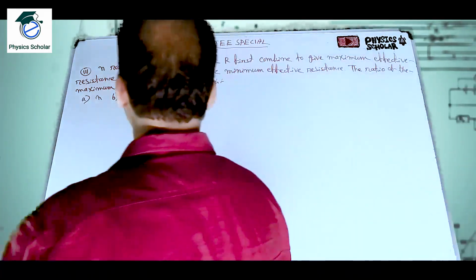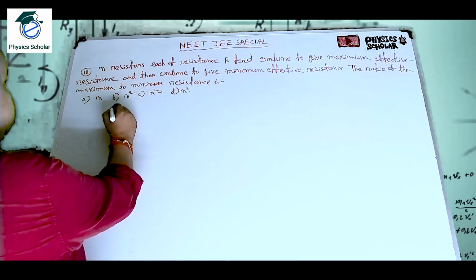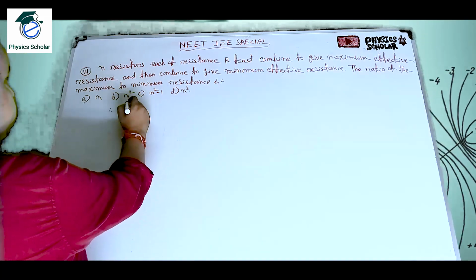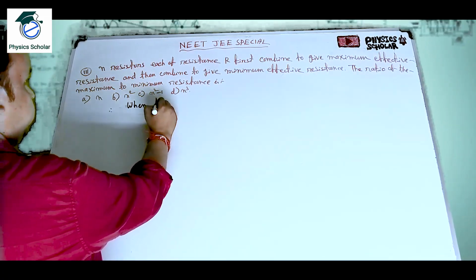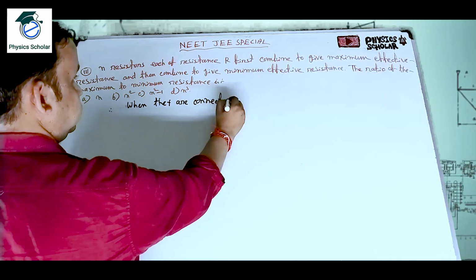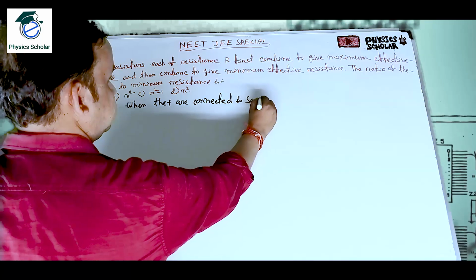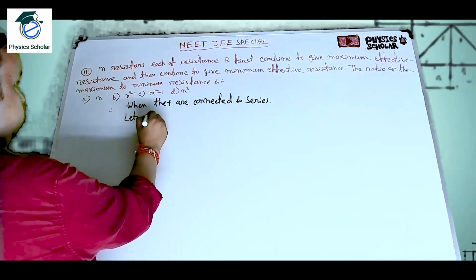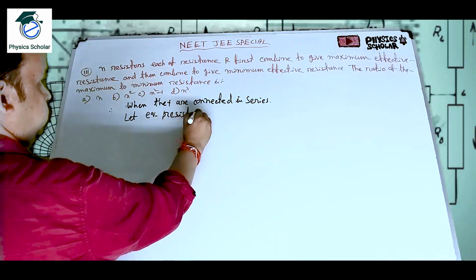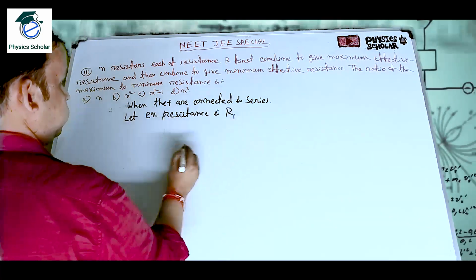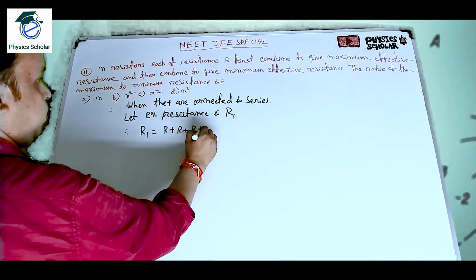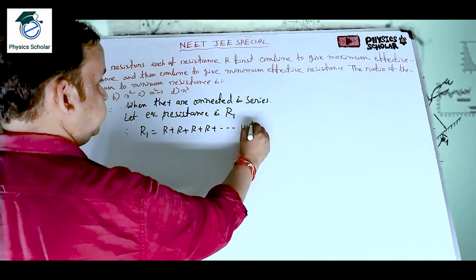Clear? Now it's very easy. When they are connected in series, let the equivalent resistance be R1. So R1 is equal to R plus R plus R plus R plus dot up to n terms.